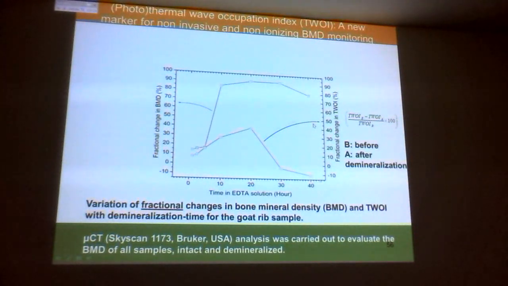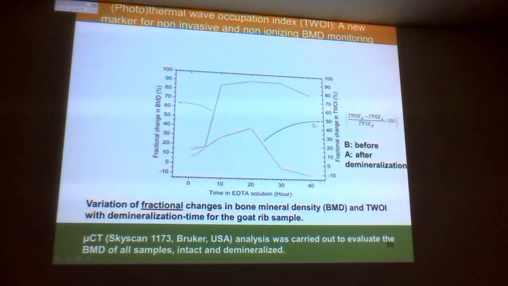Micro CT is an X-ray based methodology, so it can give you precise information about the density of the medium. You can see the increases here up to a certain point, whereas this one continues on, this collapses because the whole structure of the bone collapses after a certain amount of demineralization, and that is showing that way.